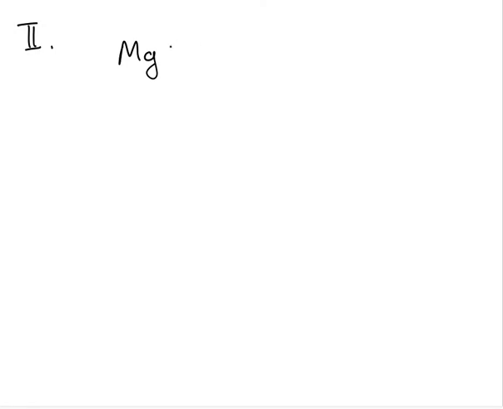Metals you never see in diatomic forms, just alone. Oxygen is a gas. Gases are always written in diatomic form, except noble gases. And the end result is MgO, and we have to balance it, so we have 2 magnesium.